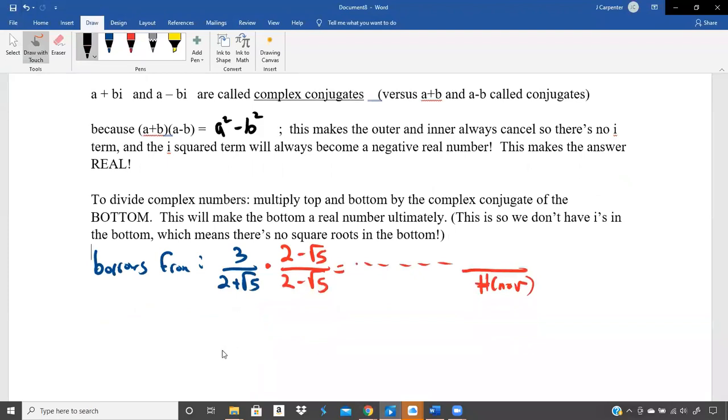So now we'll be in example 3. Are we on time? 20 minutes. Simplify. And we'll do 2 of these. For A, we're going to have 4 over 2 minus 3i.